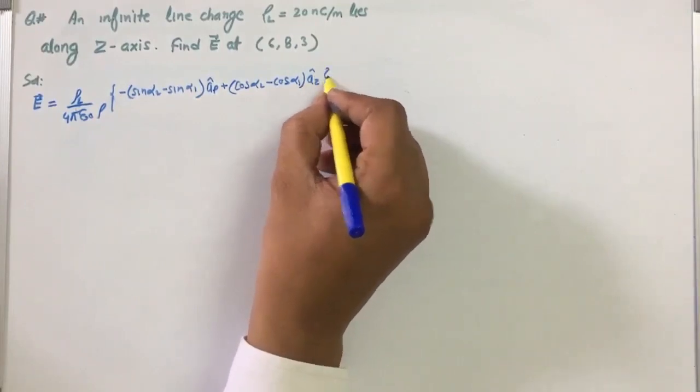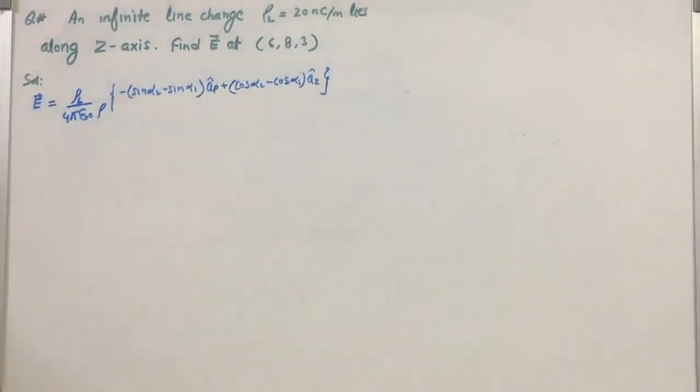This was the formula that we derived for the electric field intensity at any point due to a line charge.